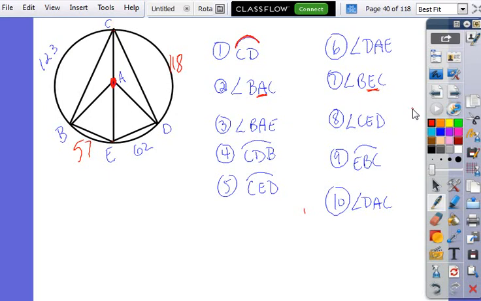So what kind of angle is that going to be? Inscribed. BEC is inscribed. So it's not going to be 123, it's going to be 123 divided by 2. That would be 61.5. So you got to determine, is it central or is it inscribed? And you do that based off the letters.